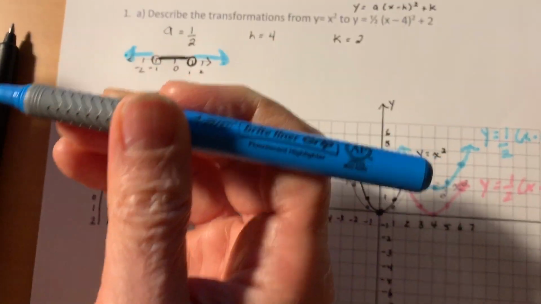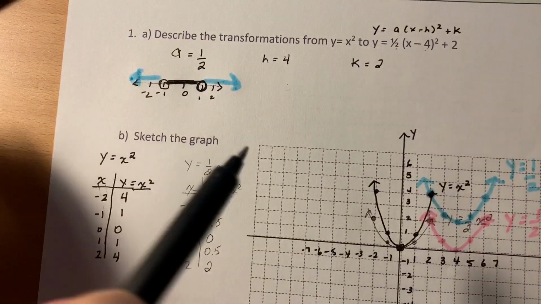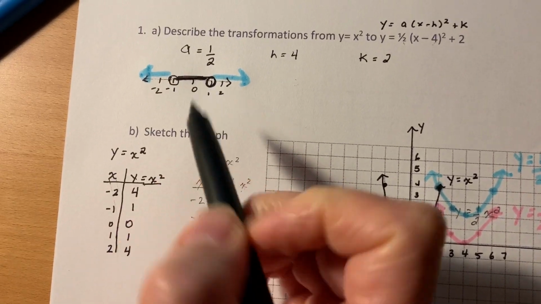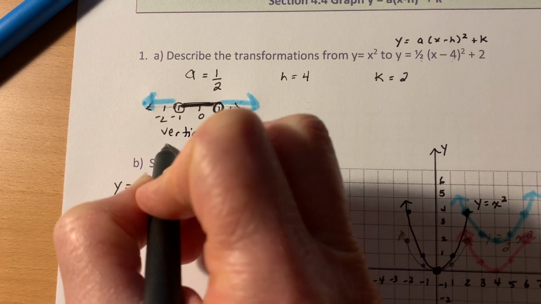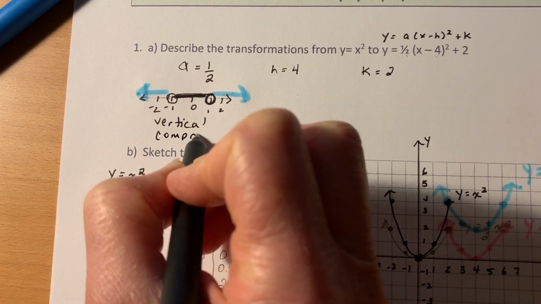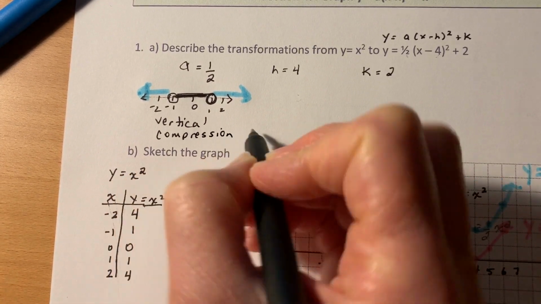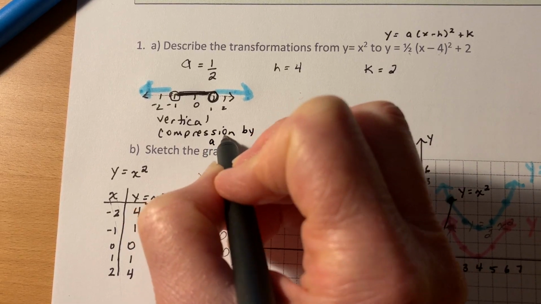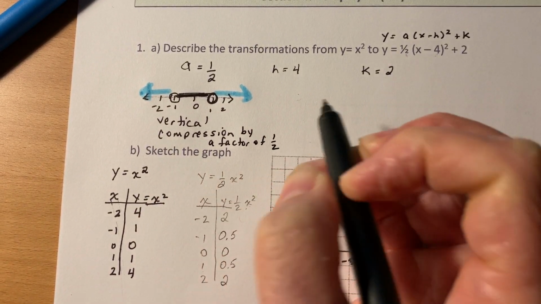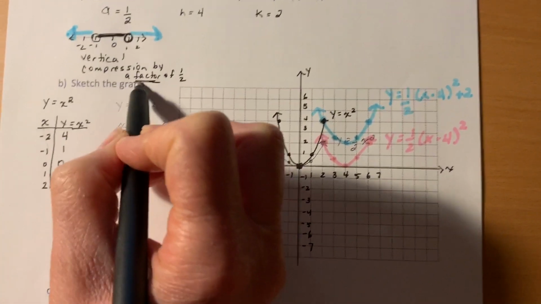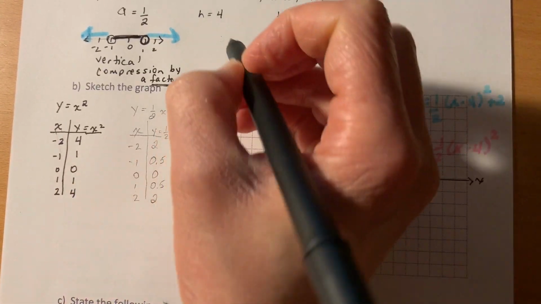They'll be more narrow. So because 1/2 is in between, this is a vertical compression by a factor of 1/2. Because factor means multiplying. We multiplied everything by 1/2.